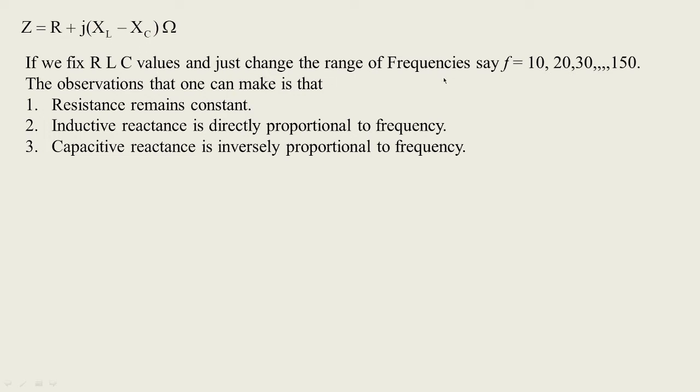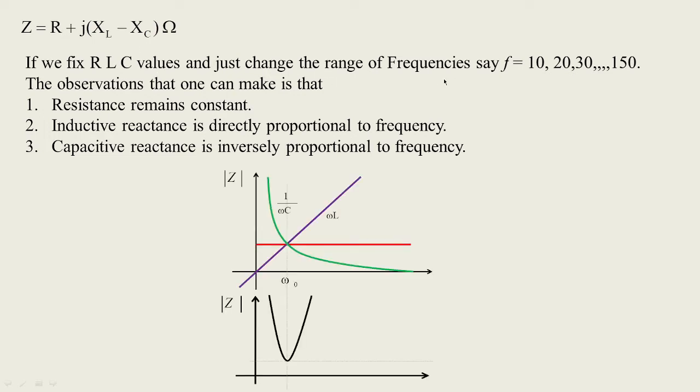So with this analysis, if you plot the graph of impedance individually with RLC parameters by changing the value of frequency, this is what you're going to get. You have a straight line, which is the resistance value because there is no change. Say resistance is equal to 5 ohms. With changing frequency there is no alteration in the magnitude of resistance, so a constant line you can see in this fashion.